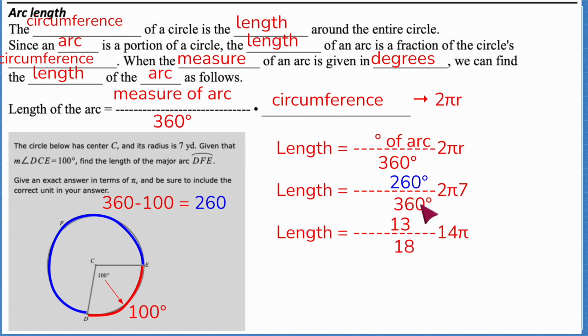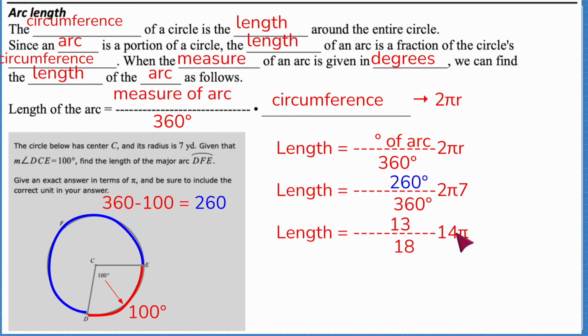Getting rid of the zeros is like dividing by 10 for both. And then you can also see this changed to 14 pi because I did 2 times 7 and I got 14. Remember, they want me to leave my answer in terms of pi. So I'm going to leave pi there. I'm not going to multiply by pi. It's almost like a variable stuck on there.